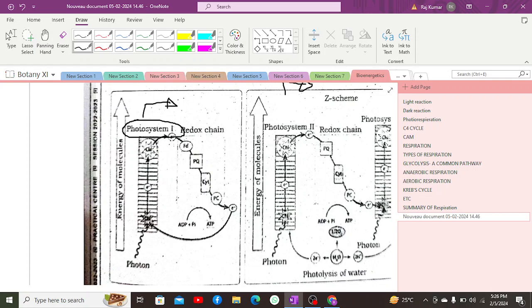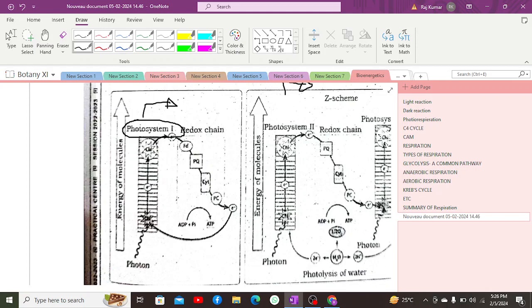If photosystem 2 is present, then there would be a loss of electron with every photolysis of water, due to which there would be a transfer of electron towards the NADP reductase, and it would be able to reduce NADP into NADPH2.